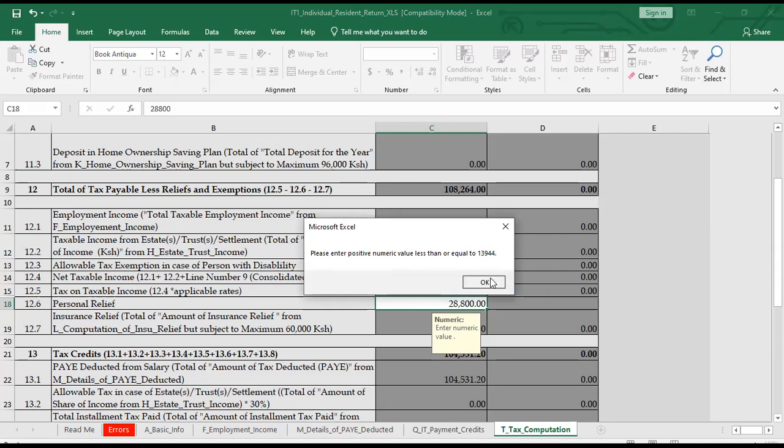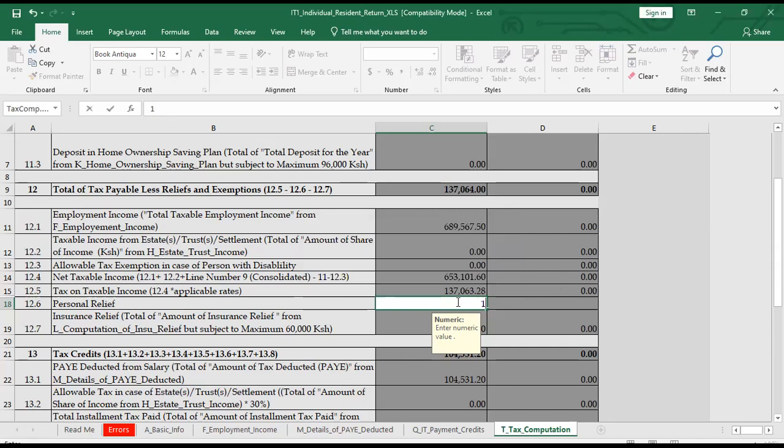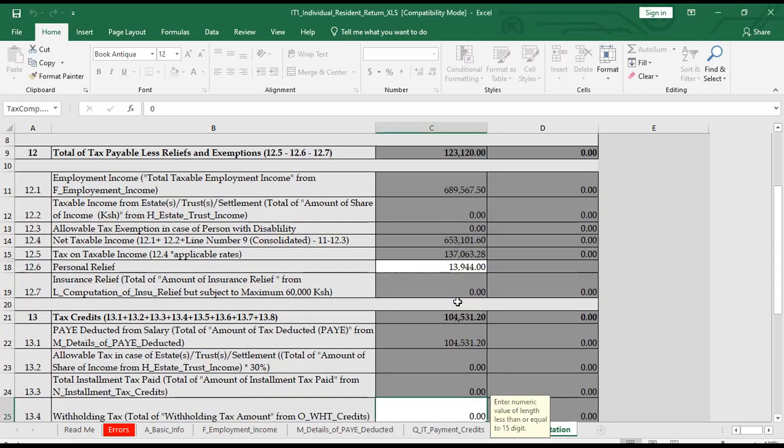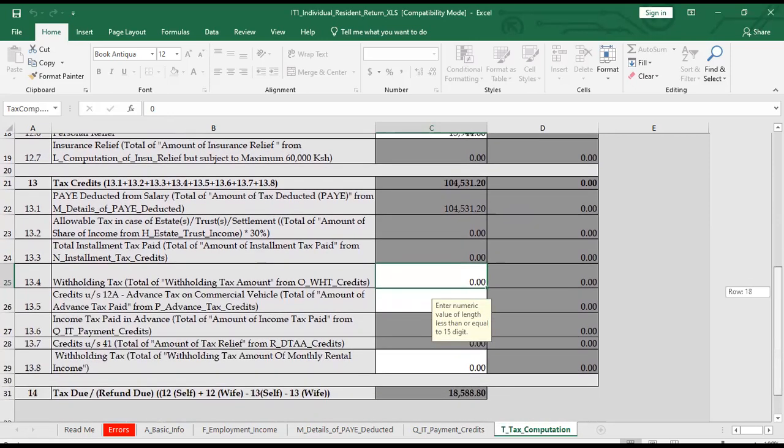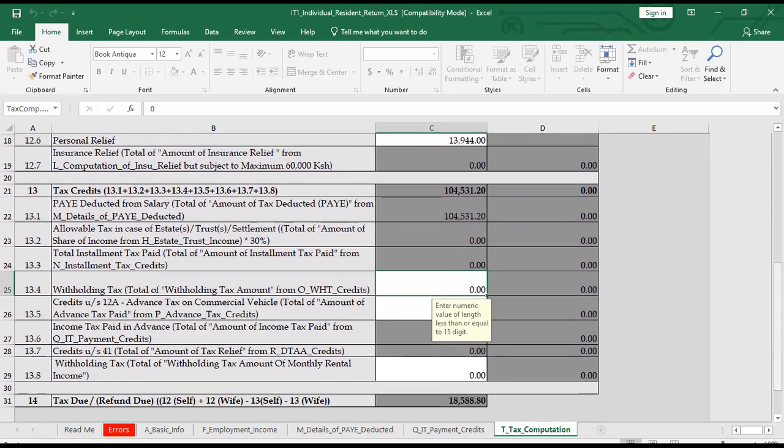So if we put here 13,944, maybe we are assuming we are doing it for last year, itakubali. Unaona imekubali? But hapa chini itatupea tax due mingi because hatujaapply the correct personal relief. You see the difference?